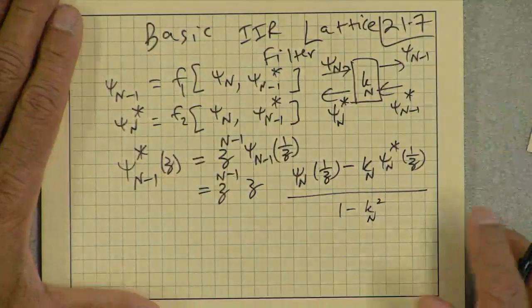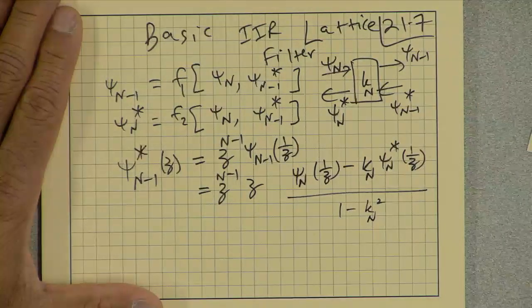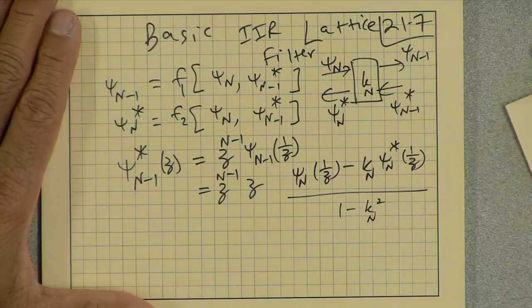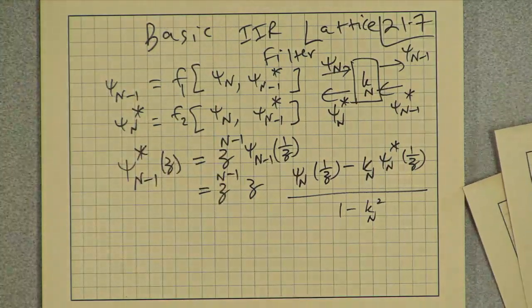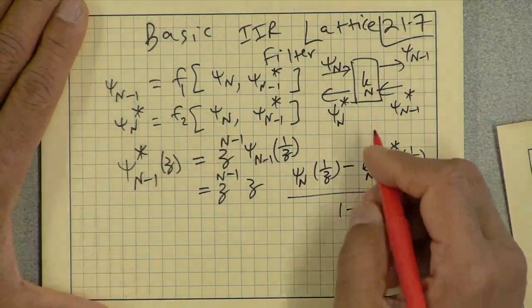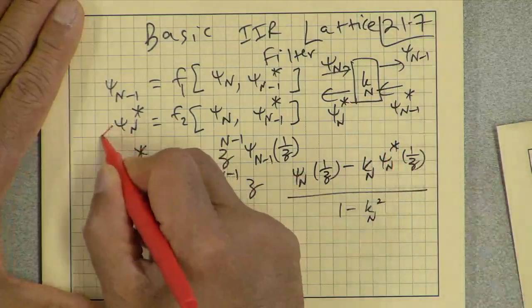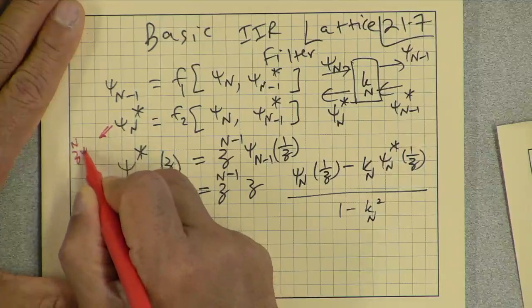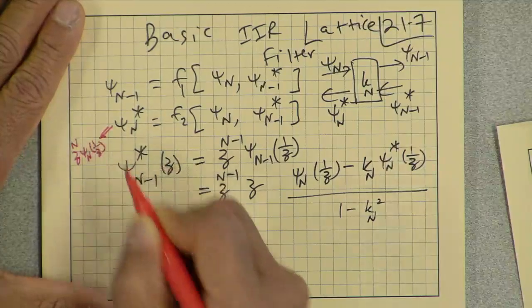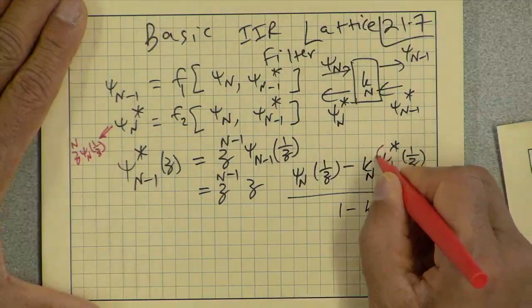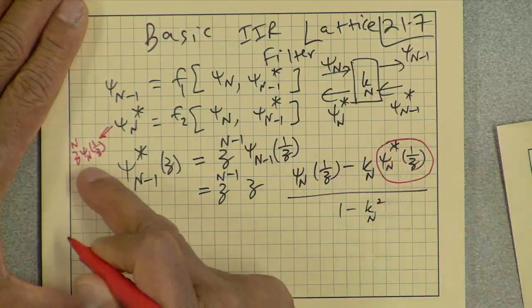Okay, so what is the right hand side? So psi n star, this quantity psi n star is z to power n psi n 1 over z. Now what I need to do is replace z.